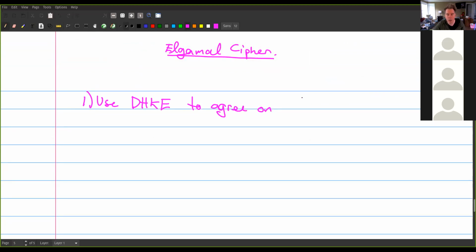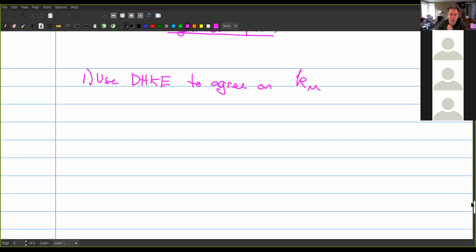The book calls this shared secret KM. They call it K because it's going to be a key, and M because it's the key that encrypts the message. In my notes, I just call it K, but I think I'll add an M because that is good notation.